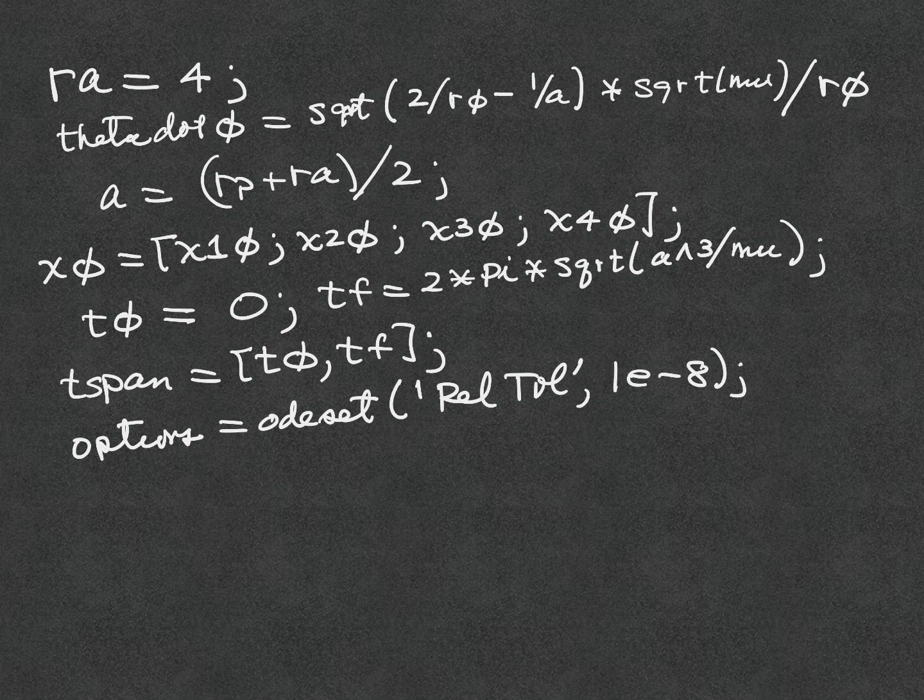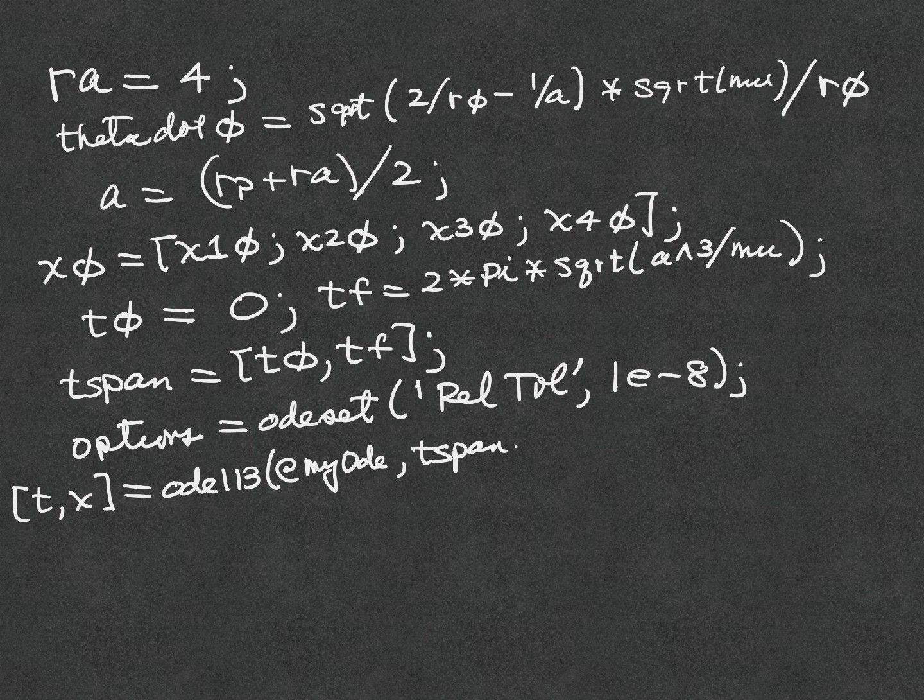And now we have a full set of information to set up the command in Matlab that runs ODE113. ODE113 at my ODE, t-span, x0, options, and then mu. And that should run the entire process from beginning to end.